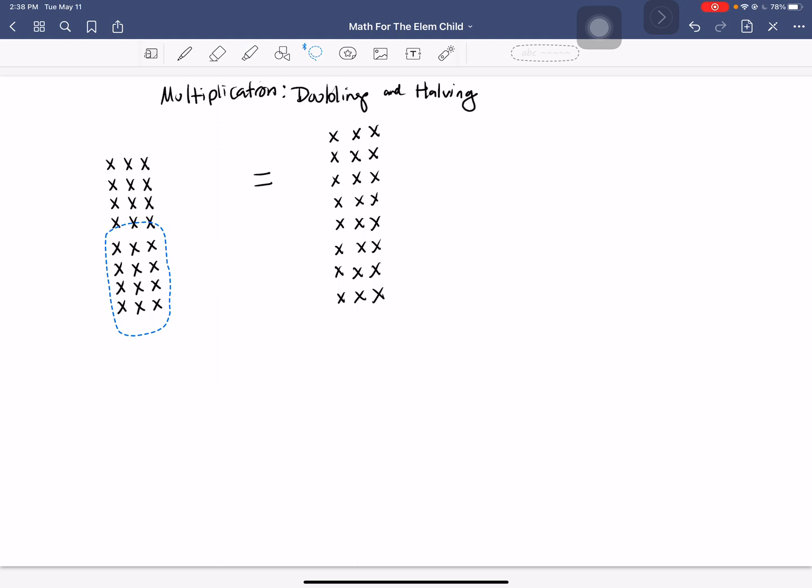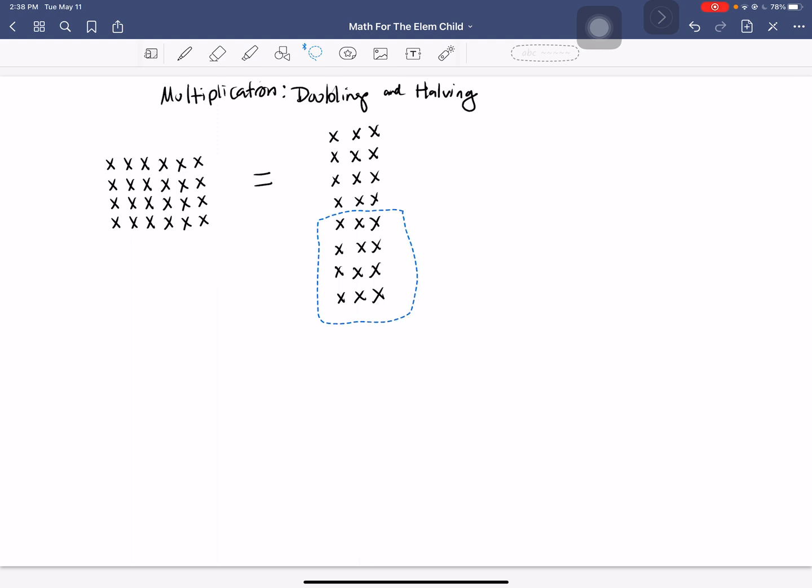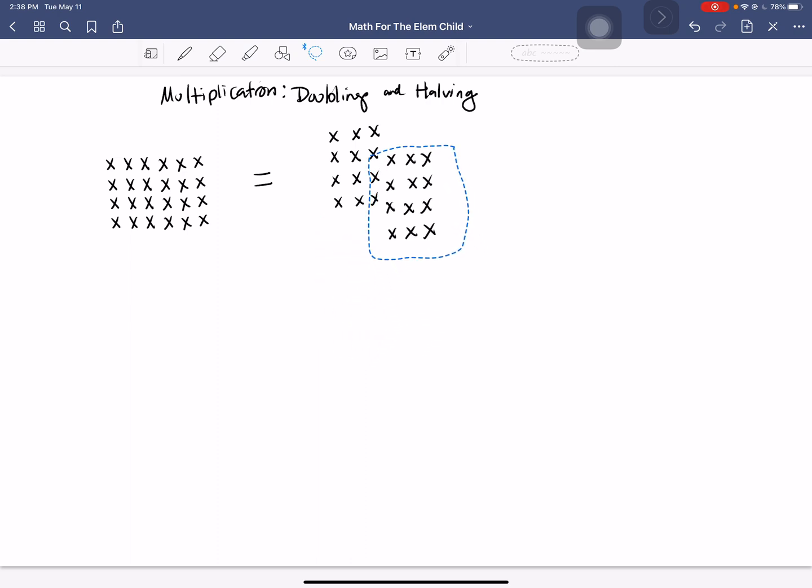So the one on the left, if we move it back, now we can look at the one on the right, which is an 8 by 3 array. And if we split this one down the middle, we can move it to the left or the right and make the exact same array that we have just looked at on the left, the 4 by 6 array.